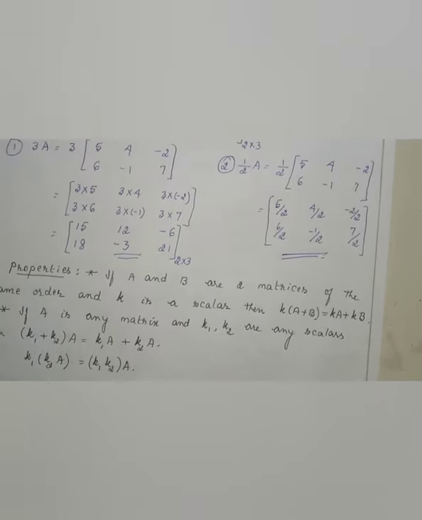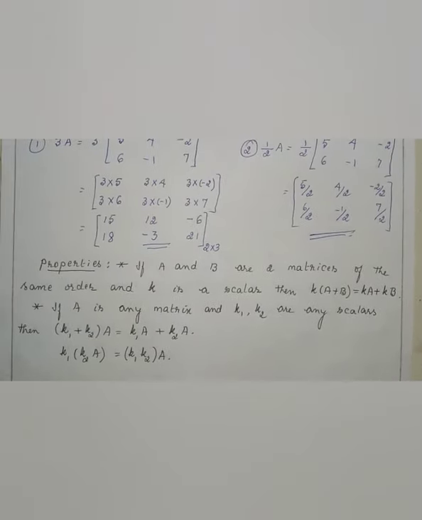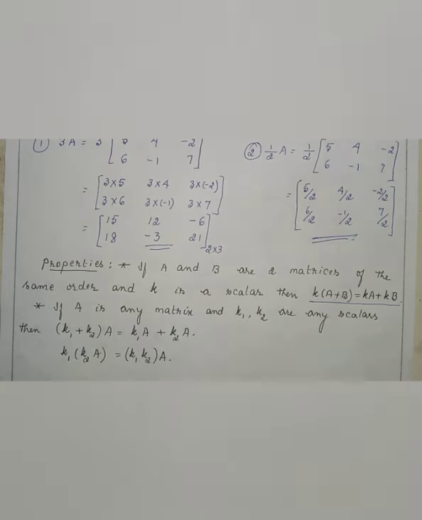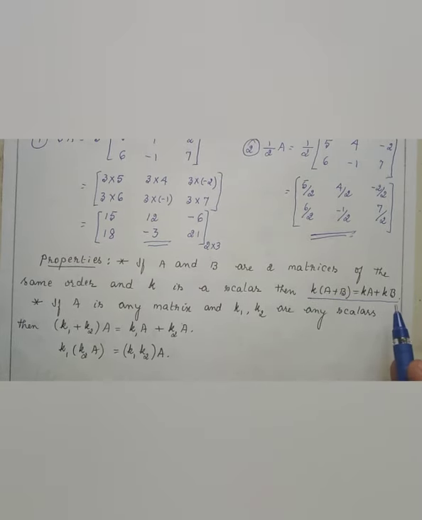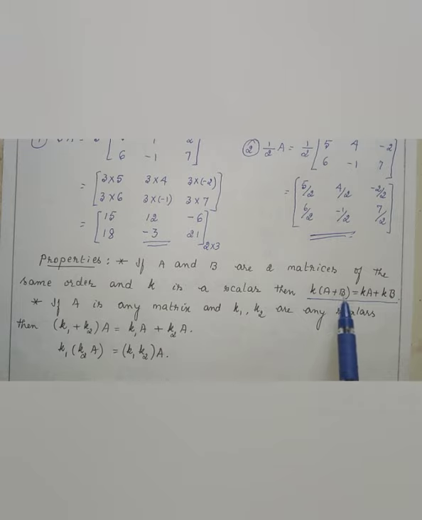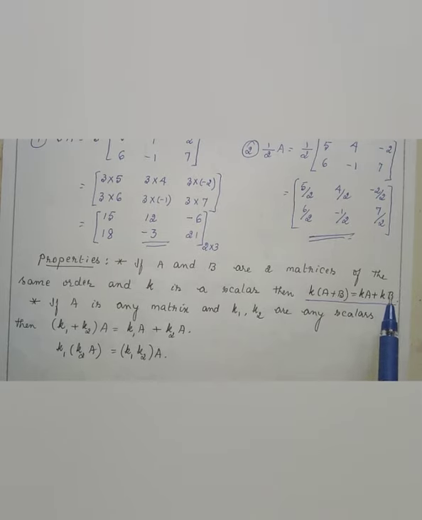There are some properties of scalar multiplication. If A and B are two matrices of the same order and K is a scalar, then K into A plus B is equal to K into A plus K into B. That means if you add two matrices and then multiply by a constant K, it equals multiplying K to matrix A and K to matrix B, then adding those two matrices.